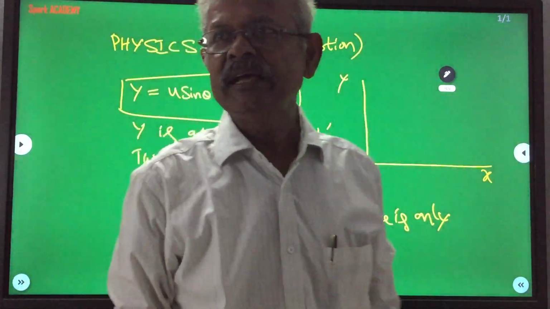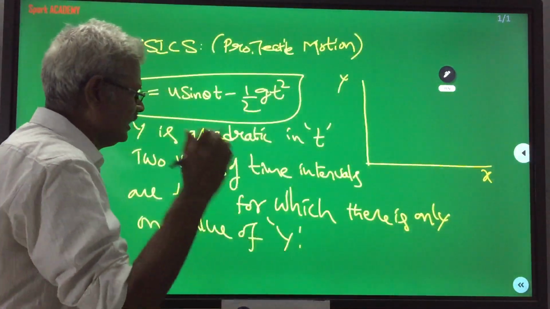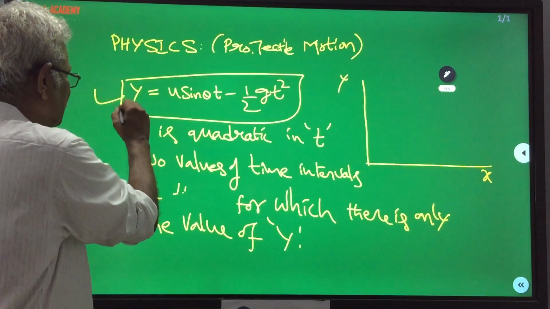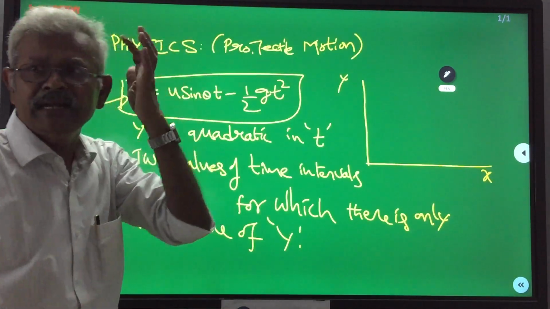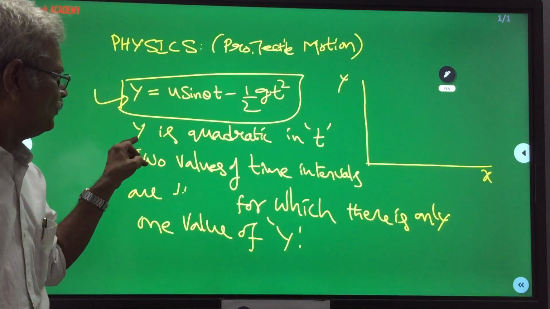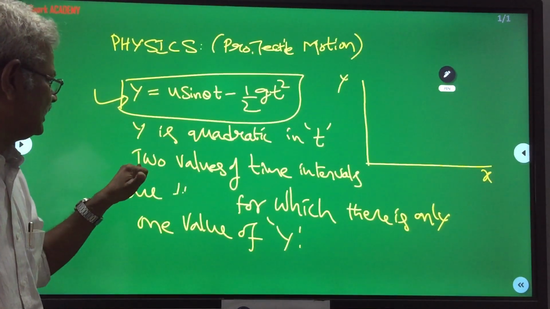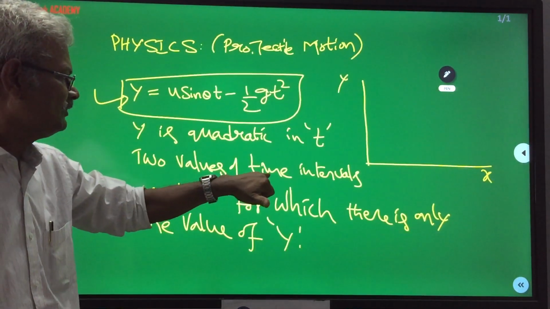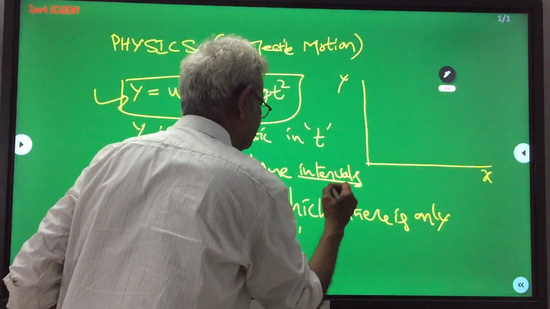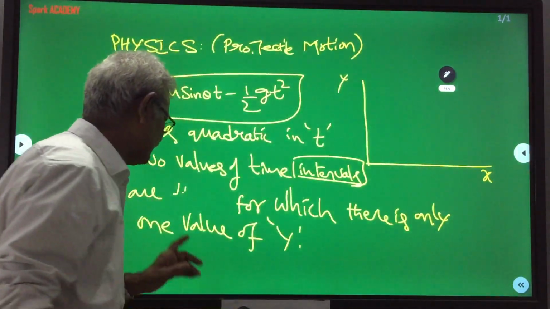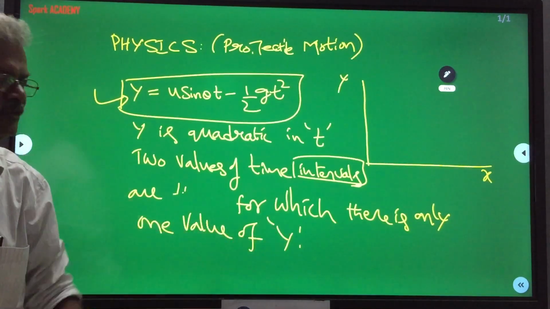Quadratic in t means there are two values of time intervals, for which there is only one value of y. Mathematically, any question you will know very easily.